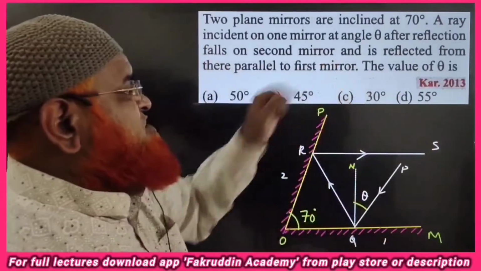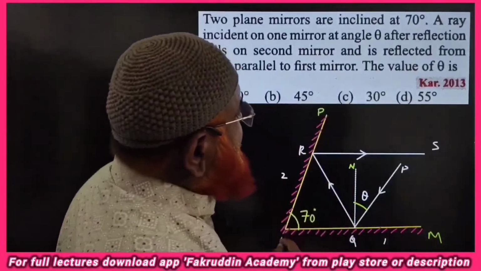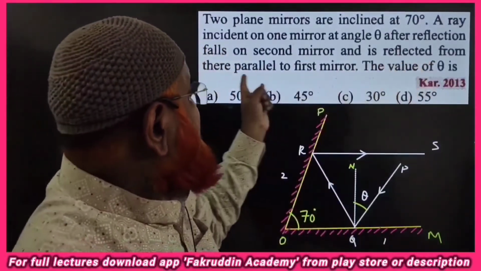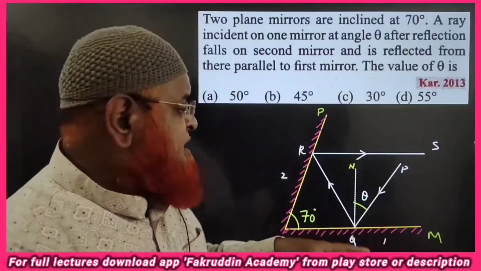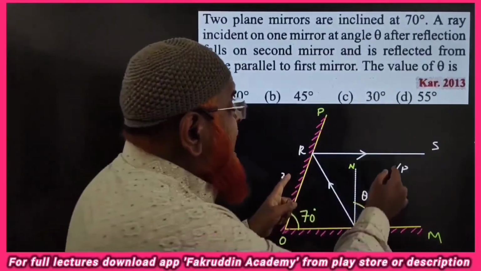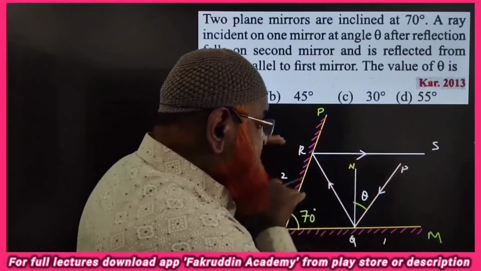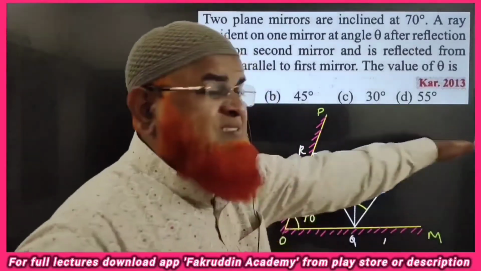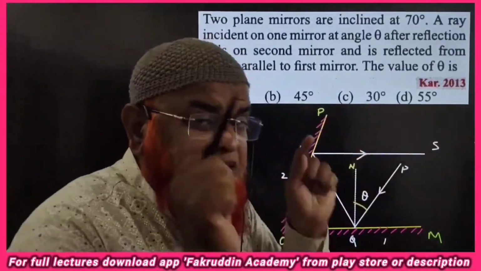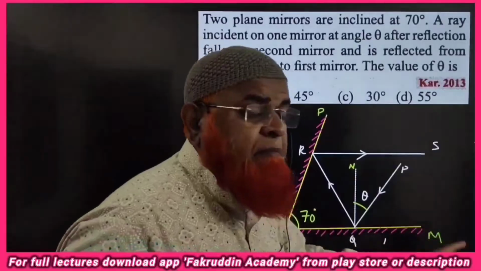It is said in the question that the reflected ray is parallel to the first mirror. This is the first and this is the second. After taking two reflections, the light ray which comes out, RS, is going to be parallel to OM.